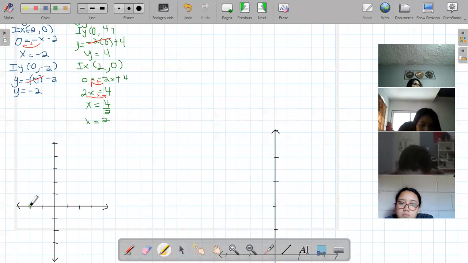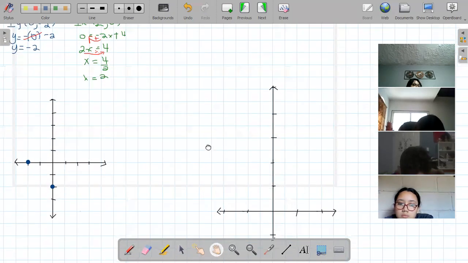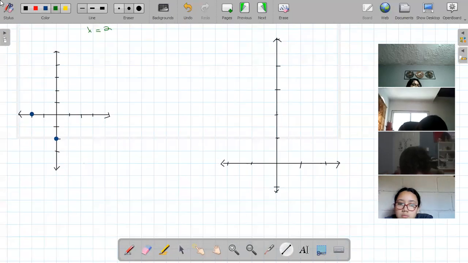So negative 2, 0 is over here. And 0, negative 2, so down here. I'm going to connect those 2 points with a straight line, and I'm going to extend it a little bit on both sides, okay? So remember, it is a straight line passing through the center of both points. So I'm going to extend it a little bit exaggerated over there.